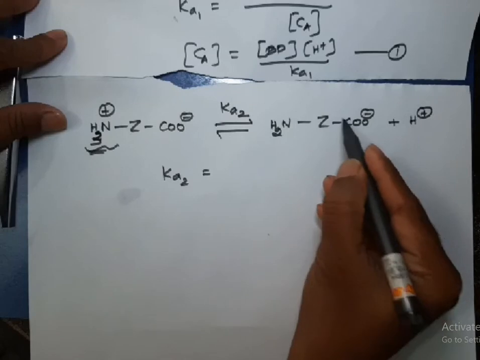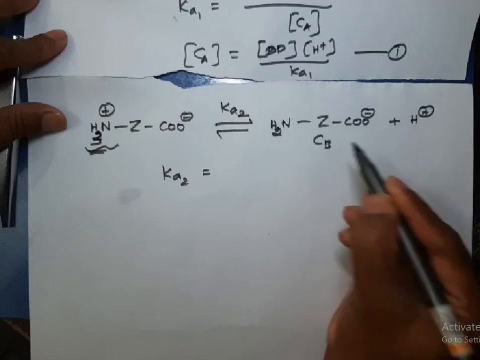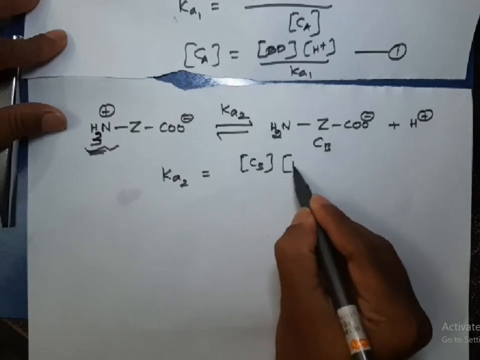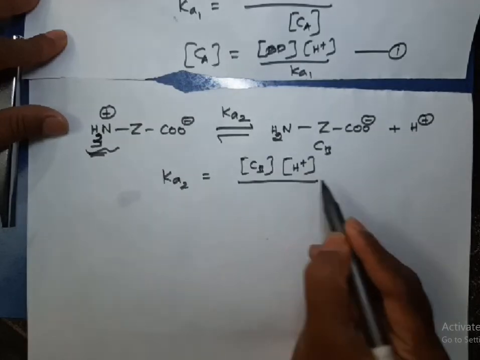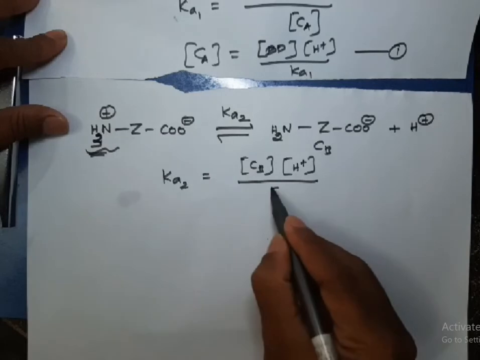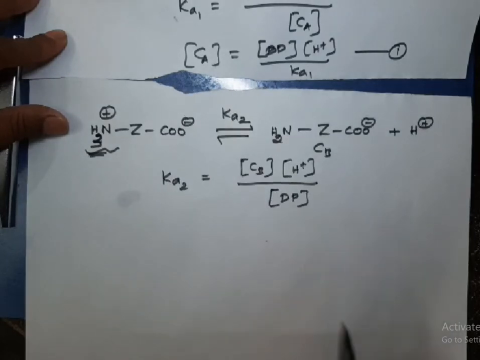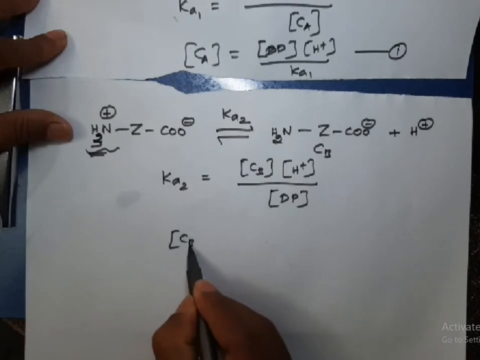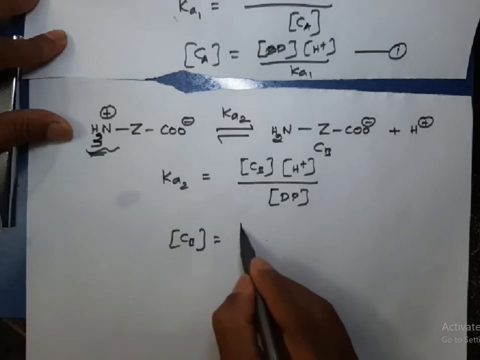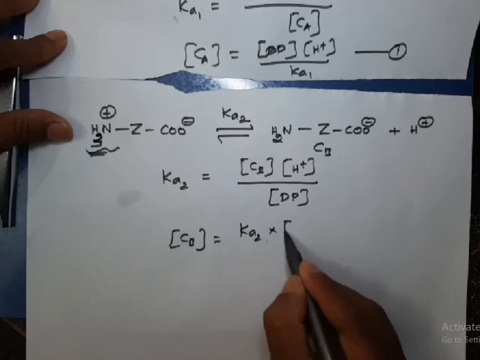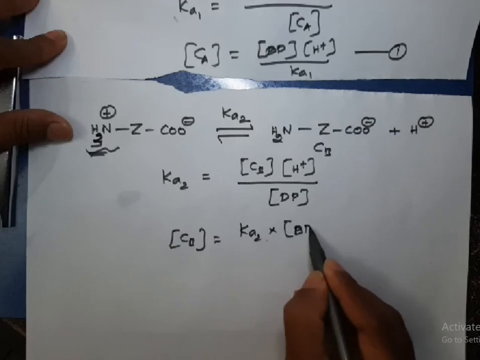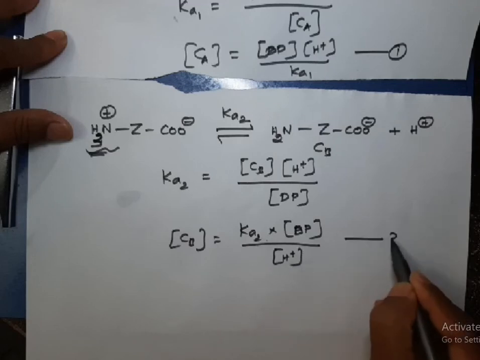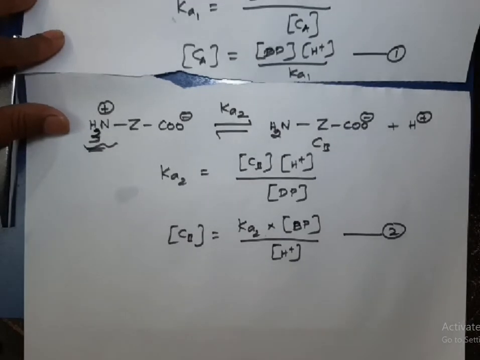Ka2 is equal to the concentration of the conjugate base times the concentration of H+ divided by the concentration of the dipolar ion. From this, the concentration of the conjugate base can be given as Ka2 times the concentration of the dipolar ion over the concentration of H+. Students, is this clear? Any doubt?